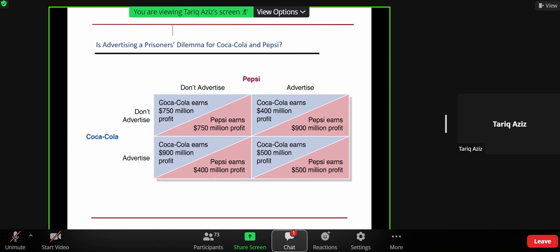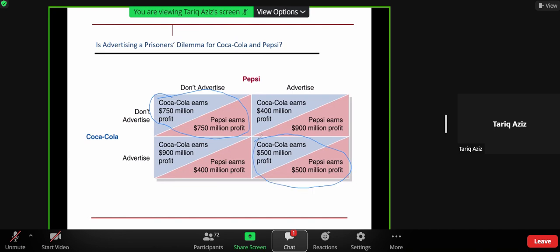So this is the matrix, that if they both decide not to advertise, in that case their profit will be maximum. And if because of competition both decide to advertise, both are advertising aggressively, or they're competing with each other, the market size is the same.